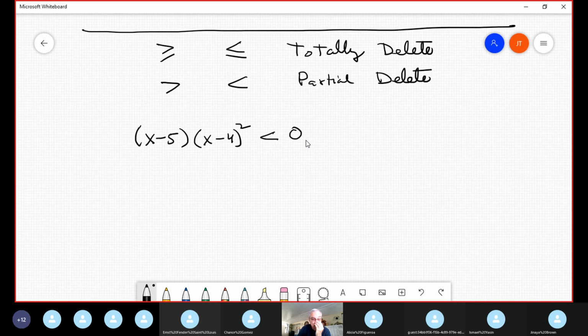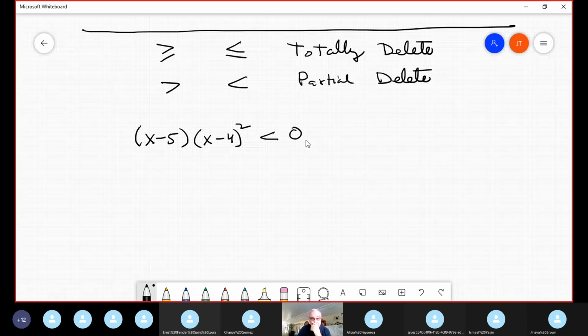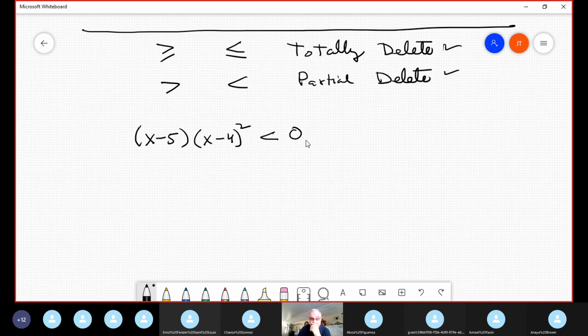It's a special inequality, I realize, because we have one factor raised to the second power, an even exponent. Now the challenge is: do I totally delete or partially delete? I suppose it's partial because there's no equal. So I copy x minus 5 less than 0 and include the restriction, which is x not equal to 4.